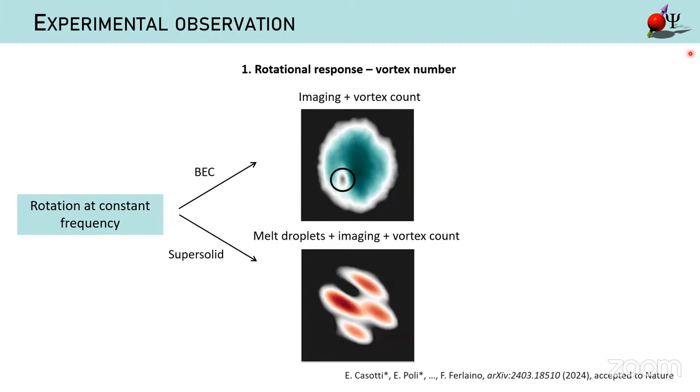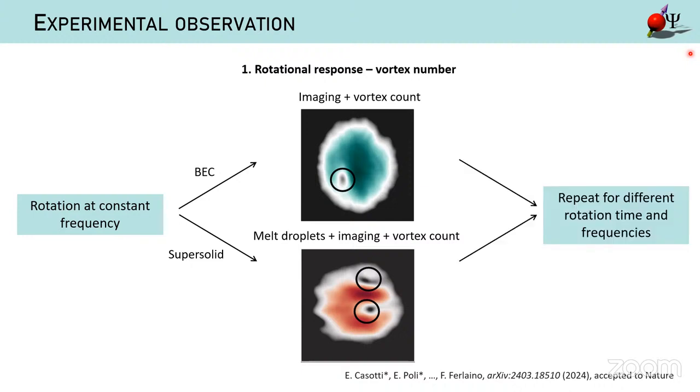If the system is in the supersolid phase, before imaging we basically melt the droplets. We change the interaction such that the droplets melt. After that, we are able to see clearly the presence of these holes that correspond to the vortex number that we want to collect. And then we repeat this protocol for different rotation frequencies and different rotation times.